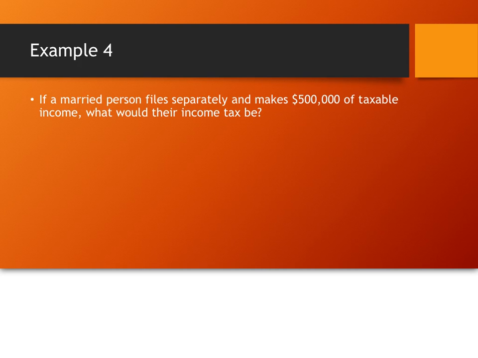Now, what you should have noticed about the married filing separately is now the top amounts do differ, okay? So what we have to do is calculate the difference between 500,000 and it was 400,000 and something when we were single. But now while we're married, it is $228,800.